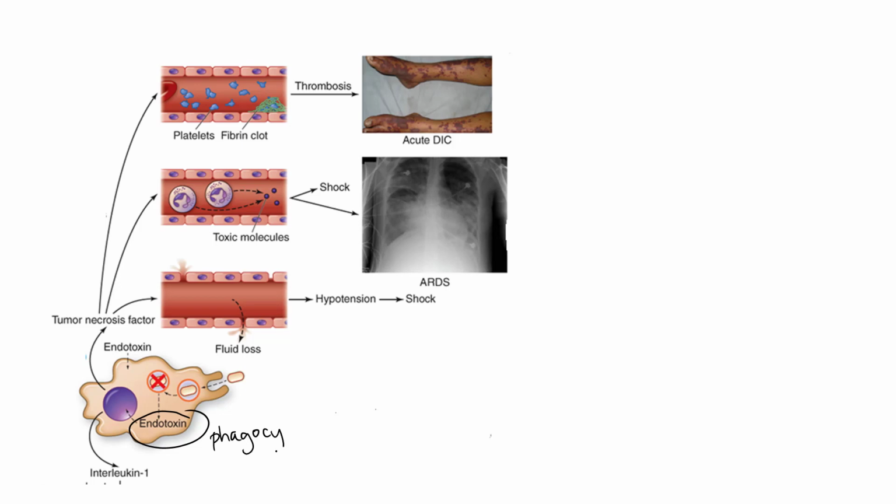So the phagocyte engulfs the endotoxin, and the endotoxin interacts in a signaling cascade with the nucleus of this macrophage, and that causes the macrophage to release interleukin 1, which, by the way, is going to cause a fever response.